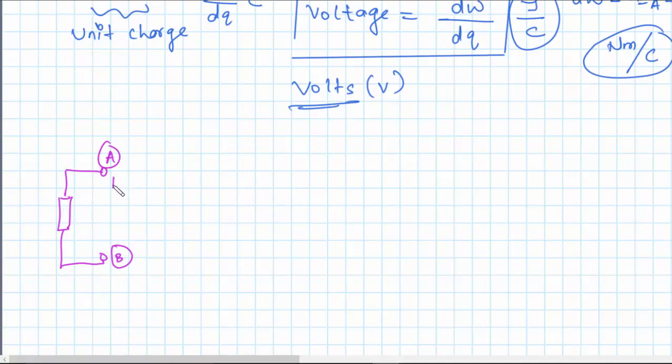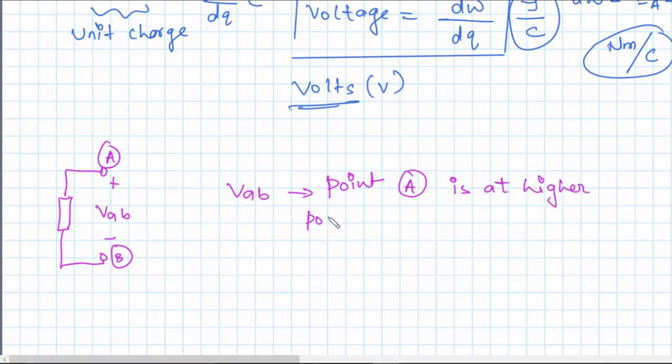Let's say the potential difference between A and B is VAB. When we write VAB, we say that point A is at higher potential with respect to B. So I'll write it: point A is at higher potential than point B.